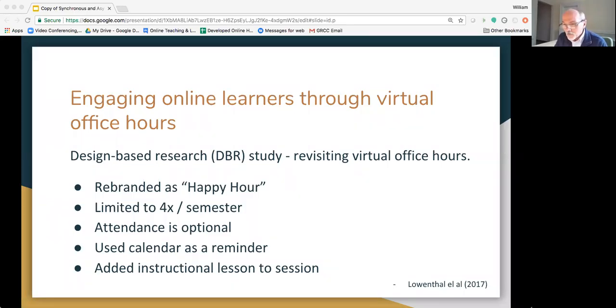So looking at their research study, they used design-based research, and I don't know if folks are familiar with it. It differs somewhat in that it's very contextual. We take research that's been done in the past that should result in a particular outcome, and then we apply it to our course.